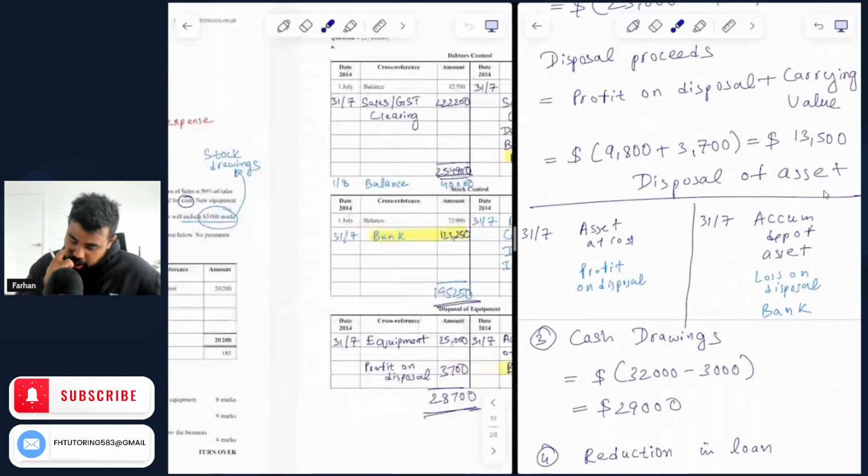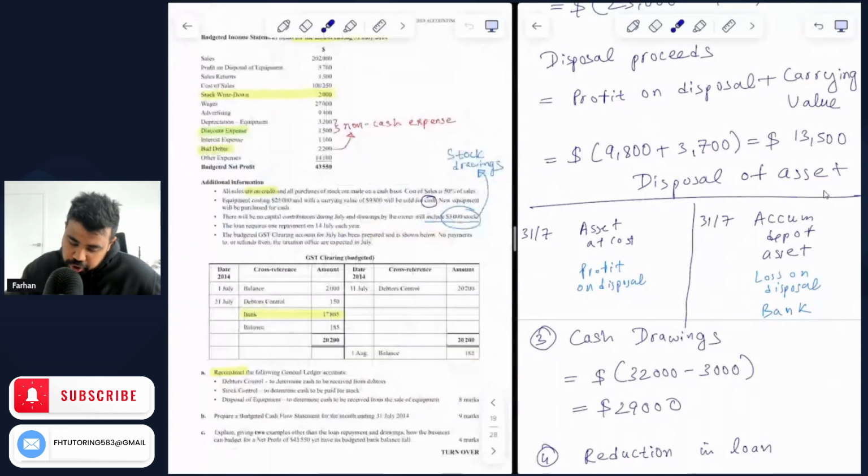Now, I want to also show you the second line of the second additional information, which says new equipment will be purchased for cash. So we want to know how much we are paying to purchase this new equipment for cash.